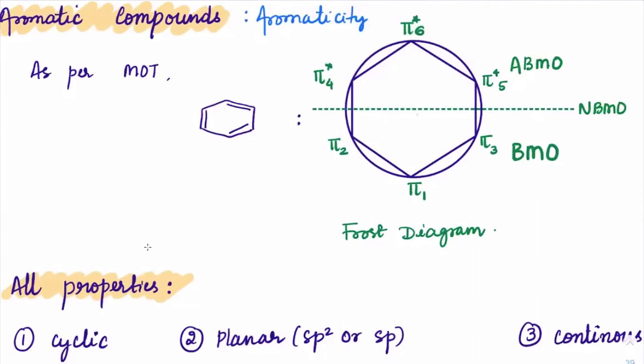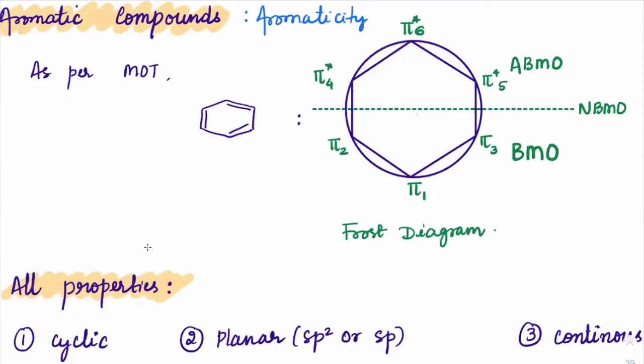To make it simpler to understand, what has been adopted is called a Frost diagram. Imagine the same benzene written as a hexagon with a circle. This is called a Frost diagram. Midway through the center, draw a line, and that line represents the non-bonding molecular orbital. Above that, the orbitals will all be anti-bonding molecular orbitals. Below that line, any electrons present will be in bonding molecular orbitals.